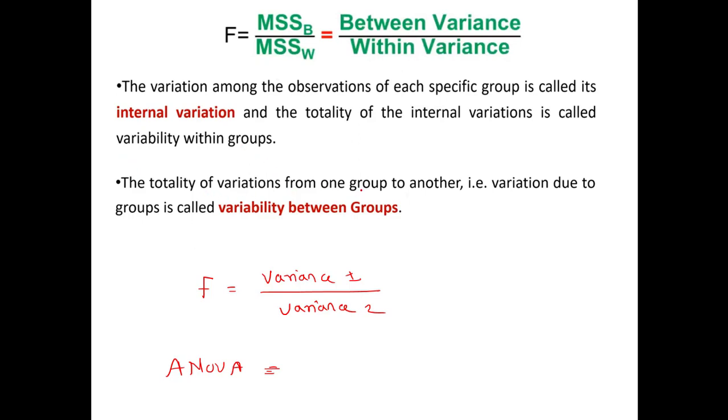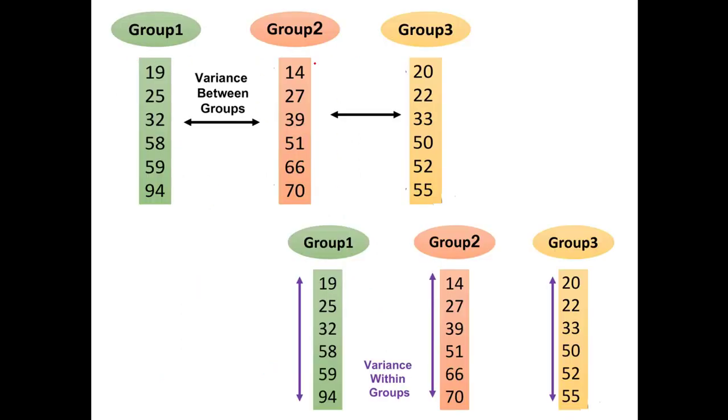The totality of variation from one group to another, that is variation due to group, is called variability between the groups. Here we have three samples: group 1 sample, group 2 sample and group 3 sample. If I compare these two groups, I am comparing the variance between these two groups. So here I use the word between.